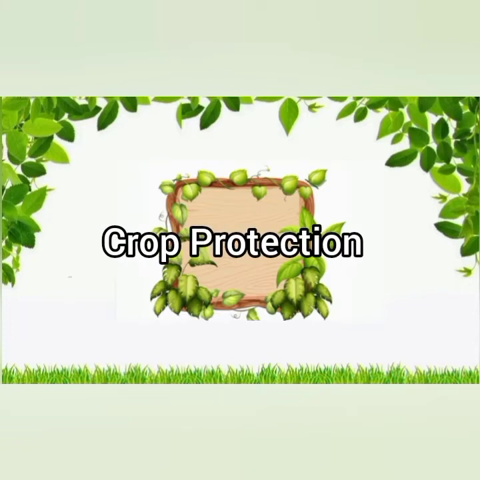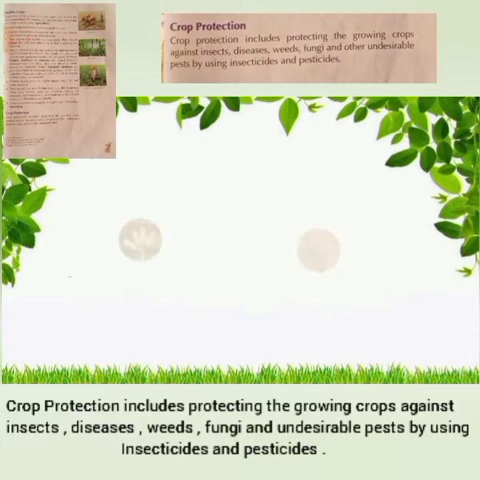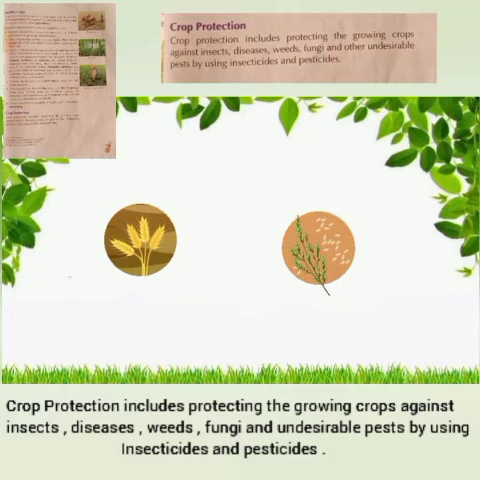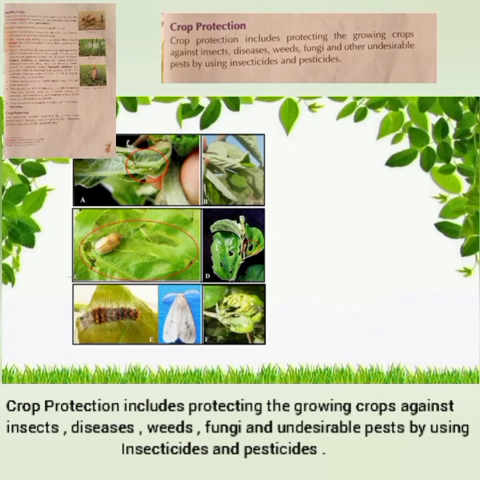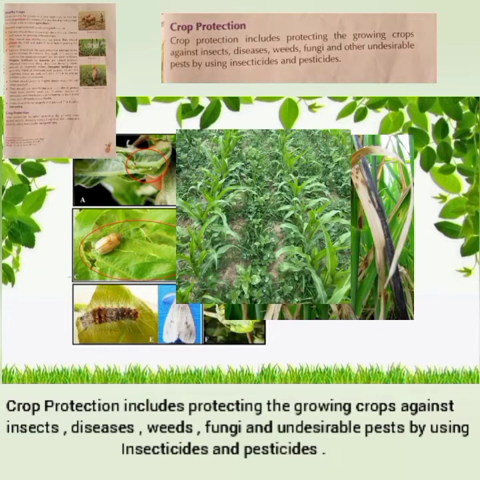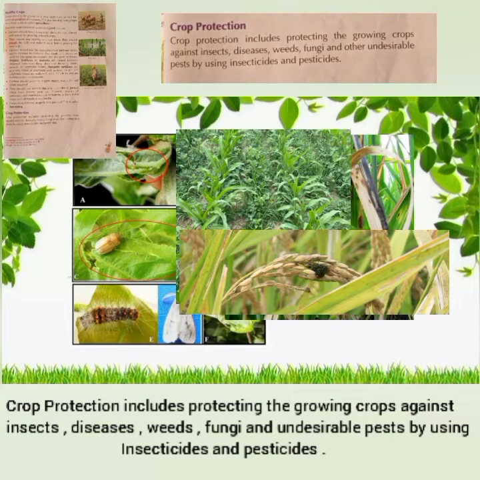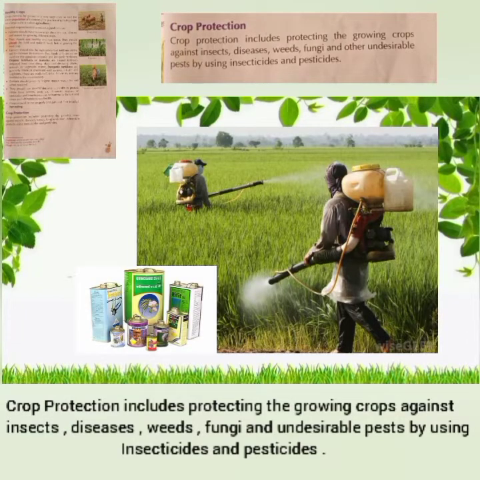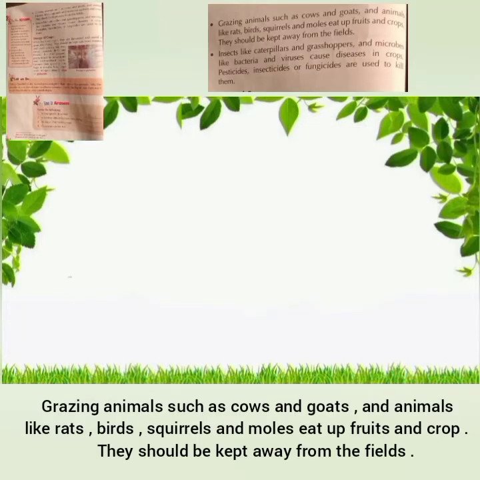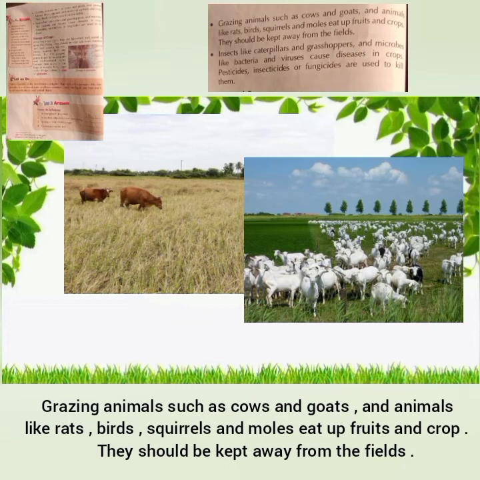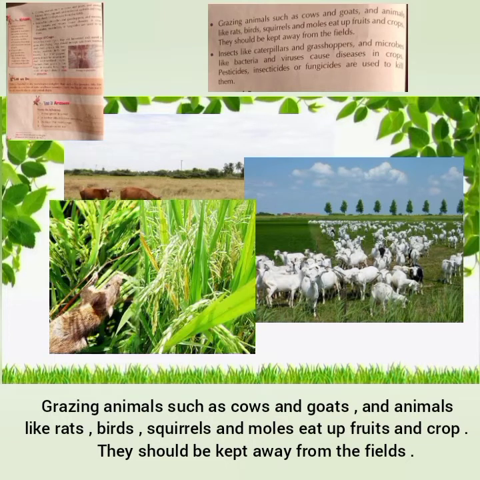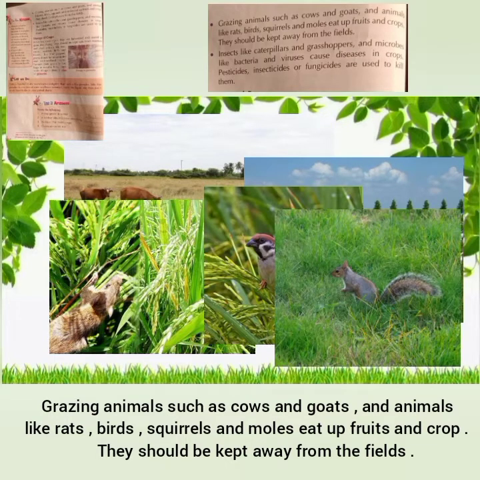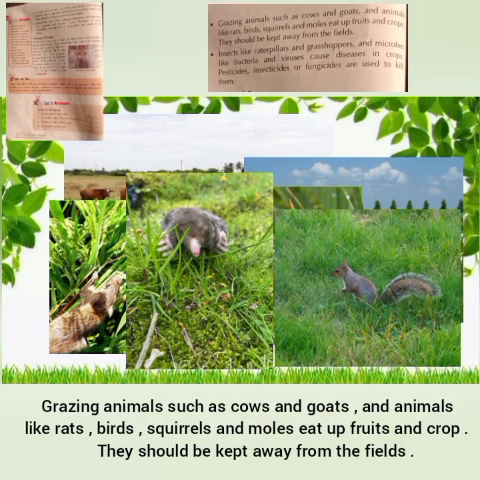Crop protection. Crop protection includes protecting the growing crops against insects, diseases, weeds, fungi and undesirable pests by using insecticides and pesticides. Grazing animals such as cows, goats, and animals like rats, birds, squirrels, and moles eat up fruits and crops.